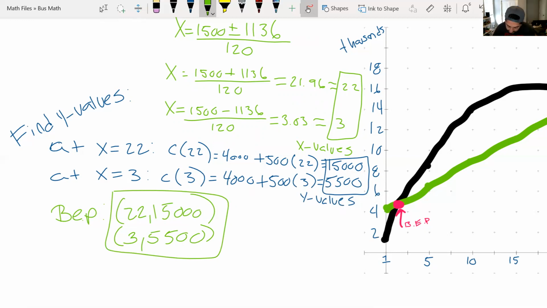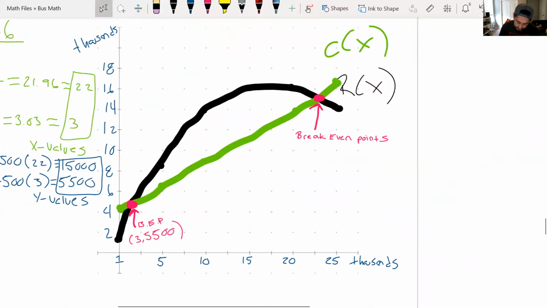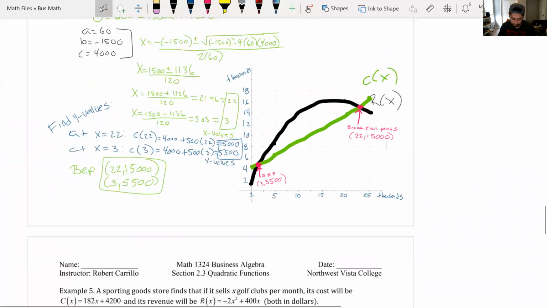This point, this BEP would be, change color back. That one would be 3 and 5,500. This one would be 22 and 15,000. There we go. That was the hard part. That's what we had to get through. So you see what we have to go through.